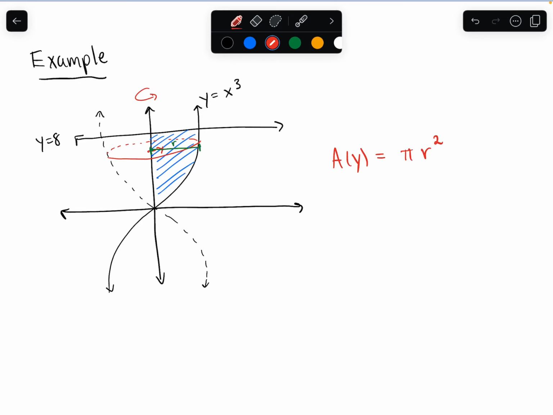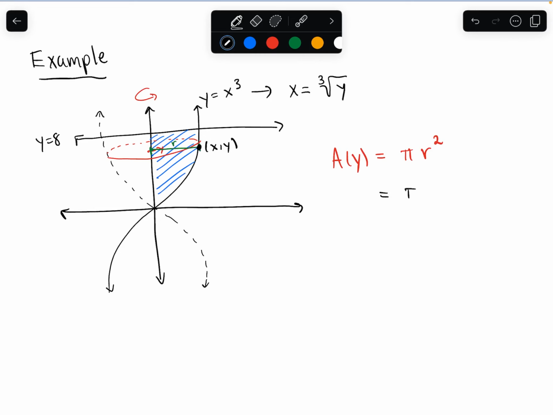But what is that radius? Well, the radius is just the distance from the y-axis to this point here, x comma y, where x, y lies on the curve y equals x cubed. So if y equals x cubed, that means that x is the cube root of y.